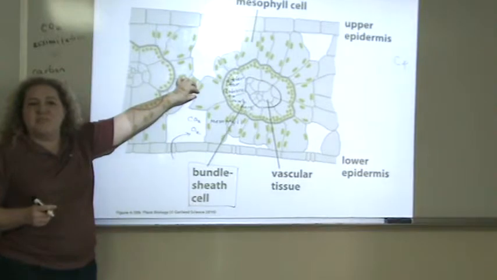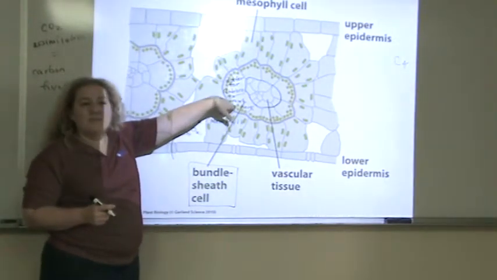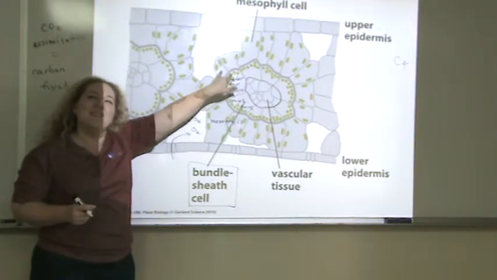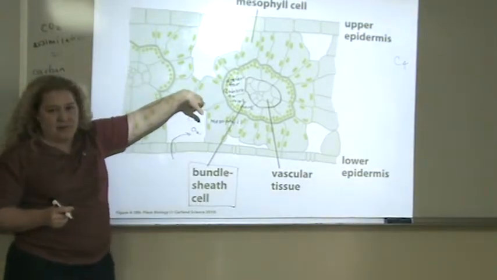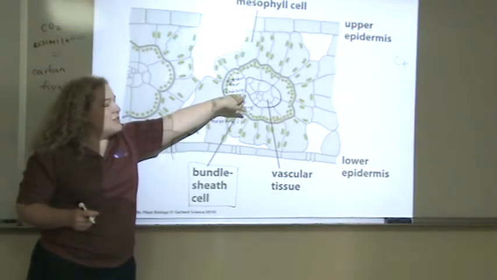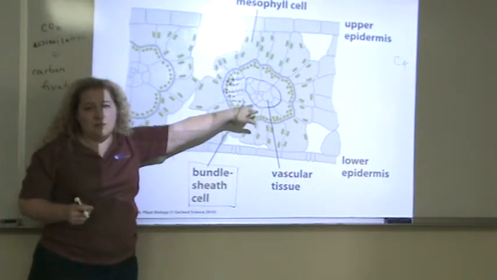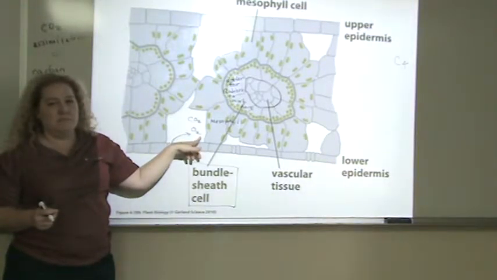This is a strange statement. For where? In the bundle sheath cells. That's important. When I say here, I mean the bundle sheath cells. There is Rubisco out here. There is Rubisco in here, but the Rubisco that's operating in here is not coming into contact with as much oxygen.